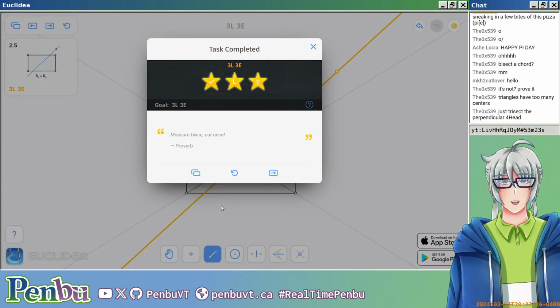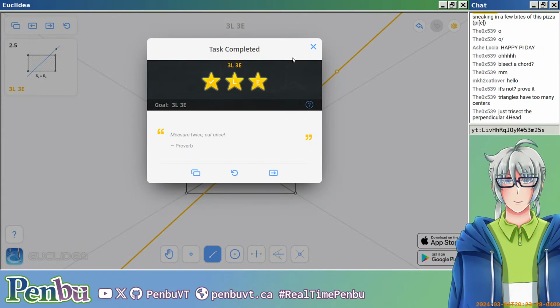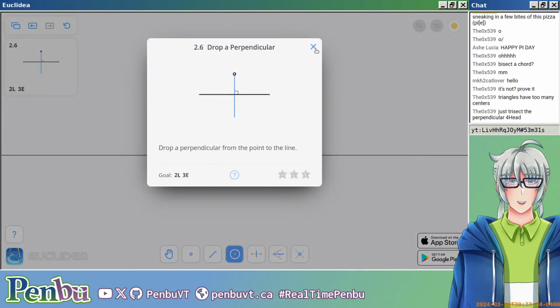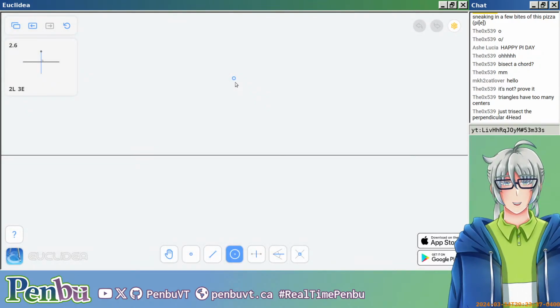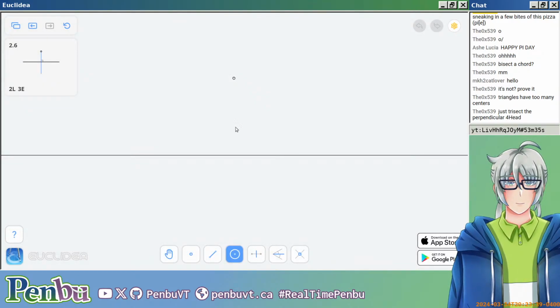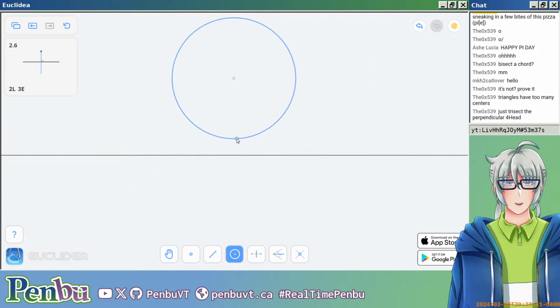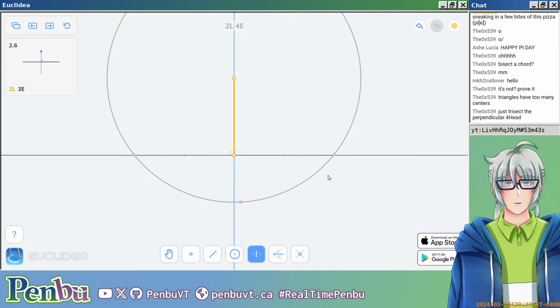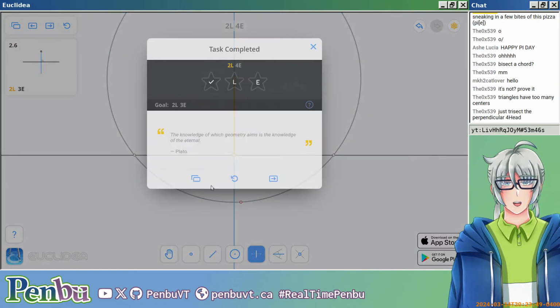Measure twice, cut once, proverb. Drop a perpendicular. Drop a perpendicular from the point to the line. So one easy way to do that, I think, is to create a circle and then perpendicular that way. So that gets us to 2.